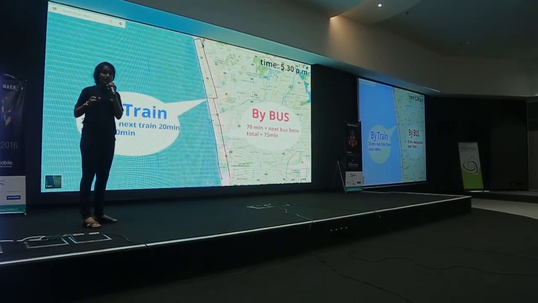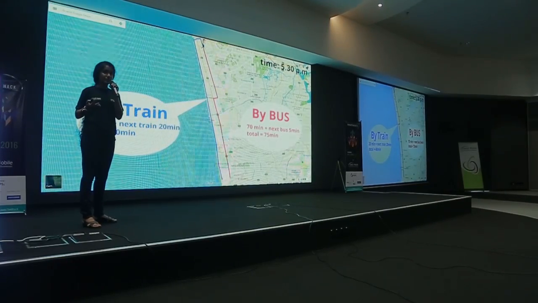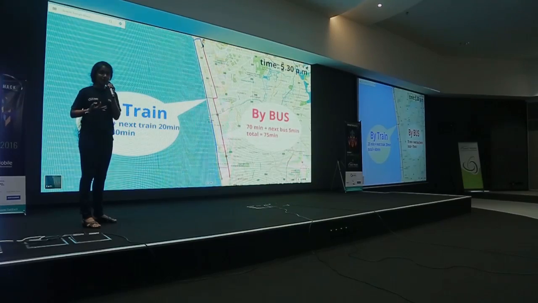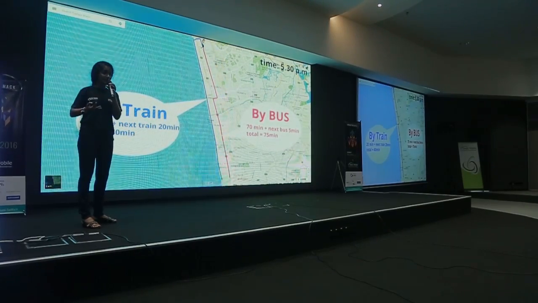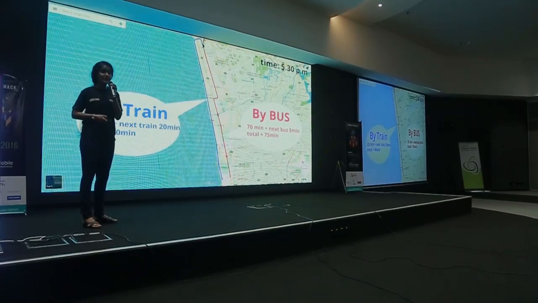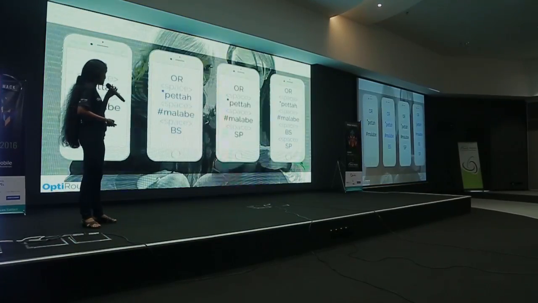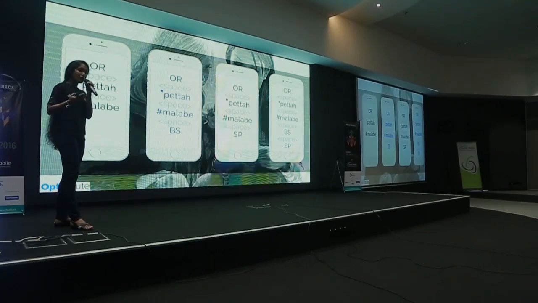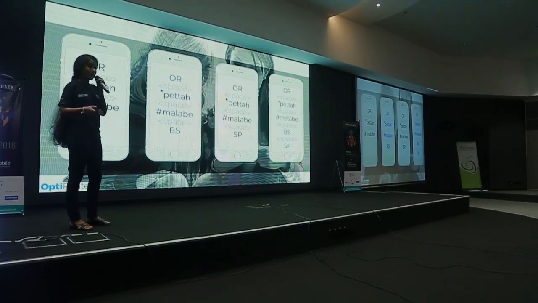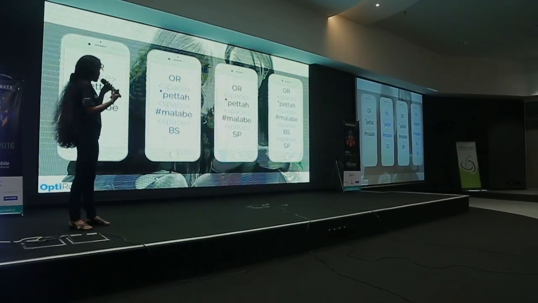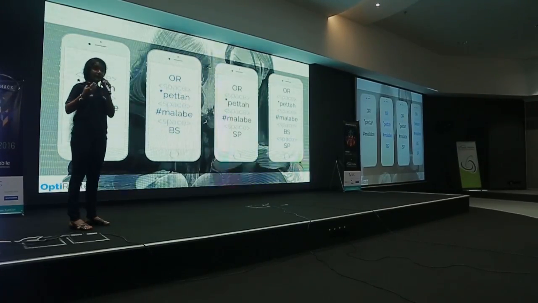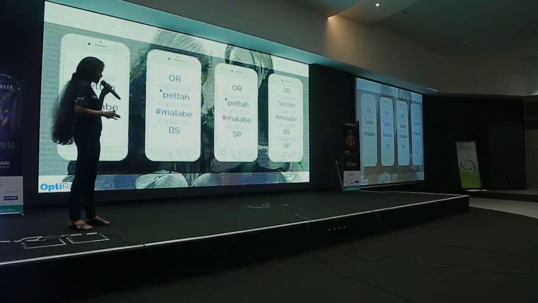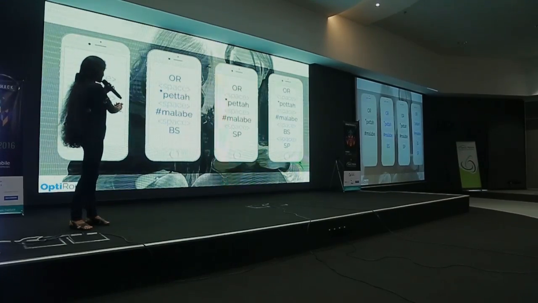But this is the thing. In case a user is not willing to use the train, or there is some reluctance on the part of the user, we have given the power over to our users to actually customize how they want their routes to be mapped. For example, not only will they be able to input their start and end locations, but they'll also be able to specify if they want to use only buses and not include trains by specifying BS.